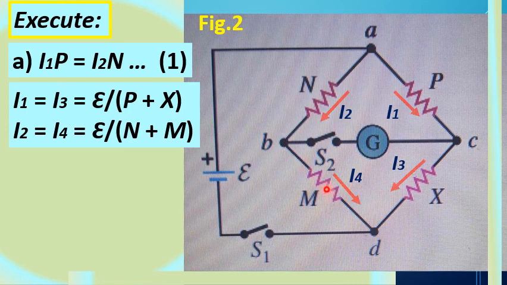So I sub 2 and I sub 4, each of them is equal to the EMF of the battery divided by the sum of resistances N and M.